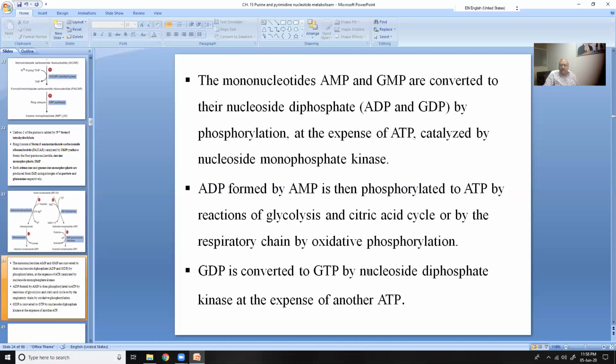Okay. All these pathways are interrelated. So I told you that ribose 5-phosphate was contributed by the HMP shunt, and here I am telling you that this ADP is converted to ATP by glycolysis and the citric acid cycle.